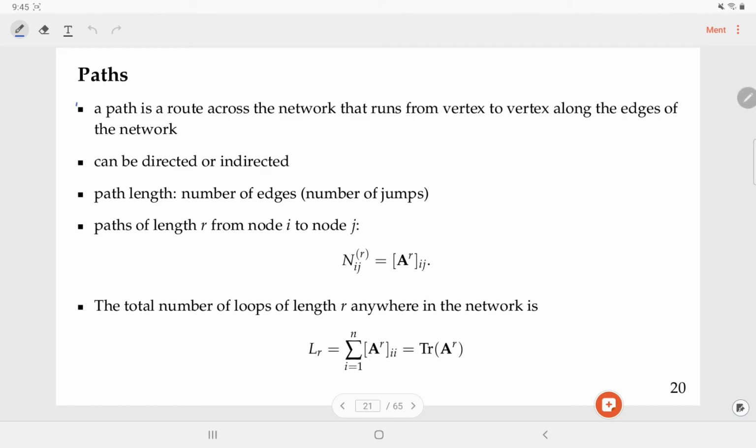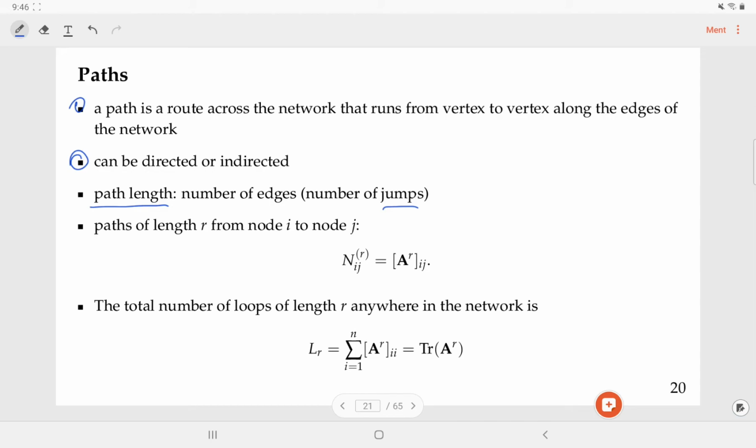What perhaps wasn't mentioned is that it can be directed or undirected. And of course, it makes sense to consider the path length as a number, and it's the number of edges in the path. So it's not the number of nodes, but the number of edges. So we can also call it the number of jumps.